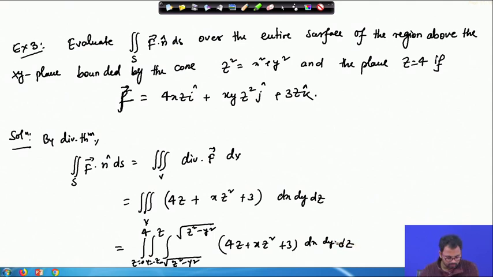Instead of calculating over the whole region, I can calculate in the upper half.